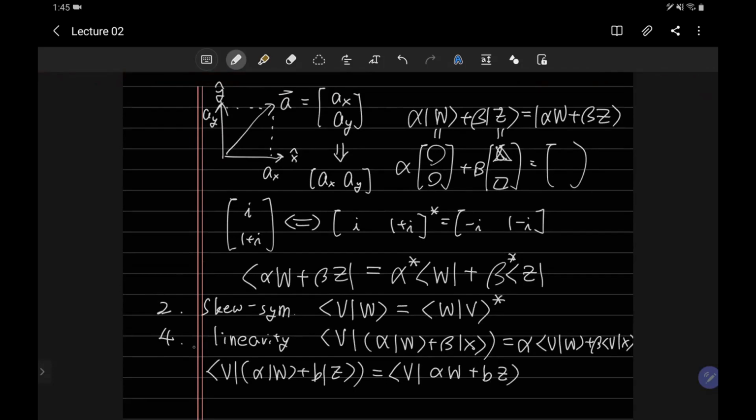And from linearity, we know this should be written as a times (V, W) plus b times (V, Z).